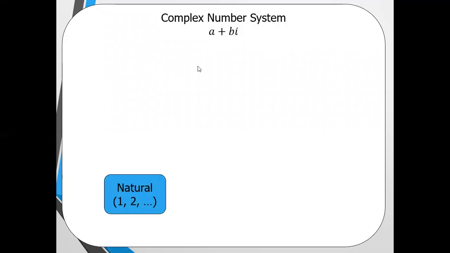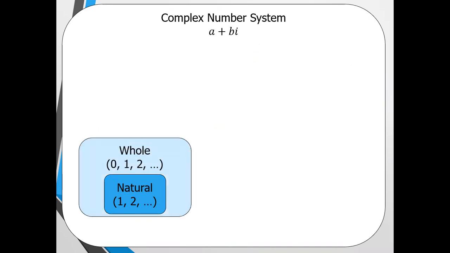When we talk about numbers, we have different kinds of numbers. We have the natural numbers, which are 1, 2, 3, 4 to infinity. Then we have whole numbers that are not fractions.